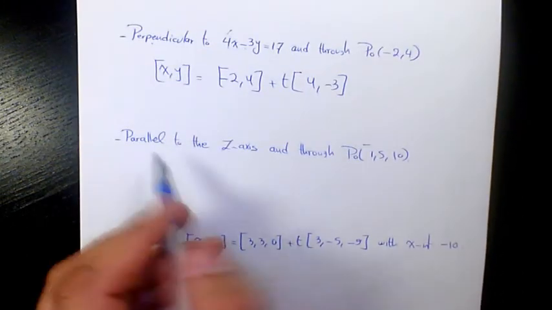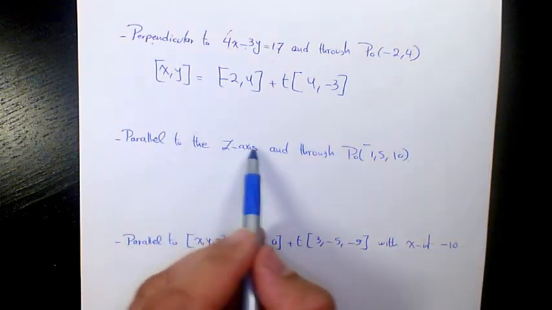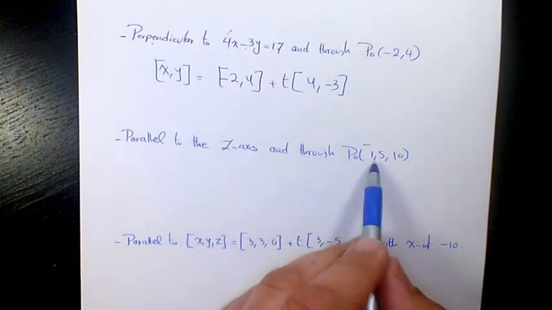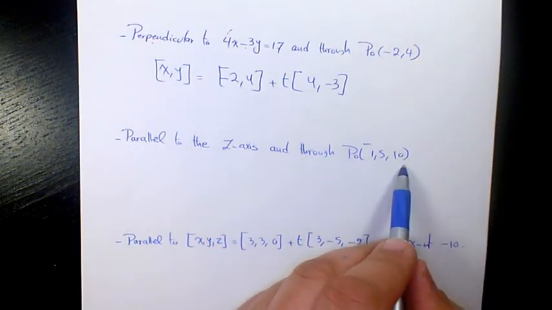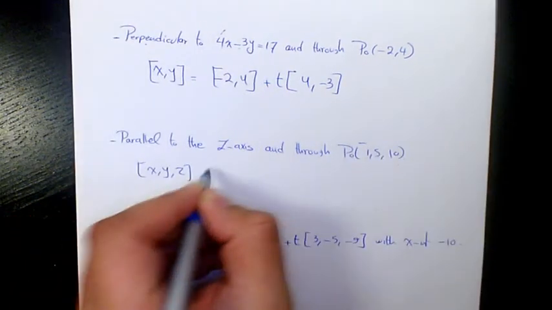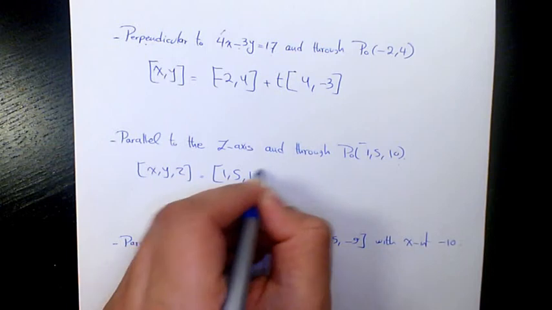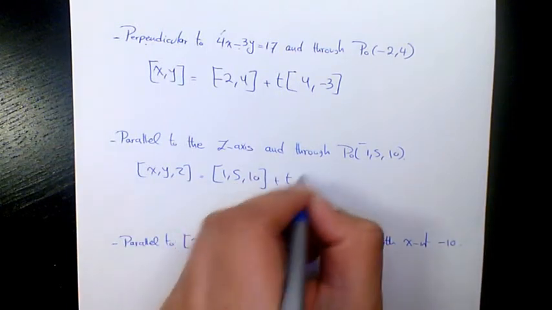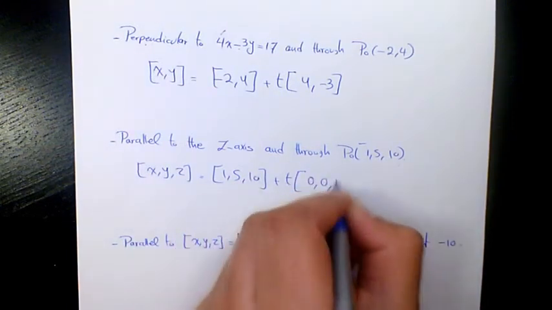Next one. Parallel to the z-axis and through the point (1, 5, 10). It's going to be (x, y, z) equals (1, 5, 10) plus t times (0, 0, 1).